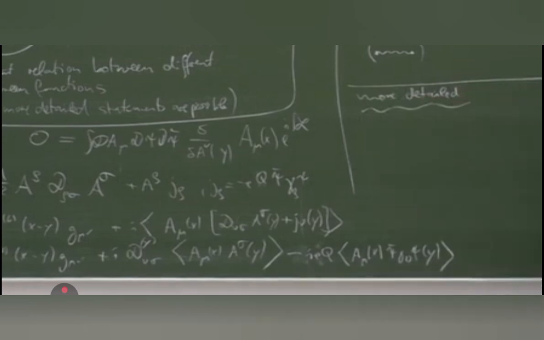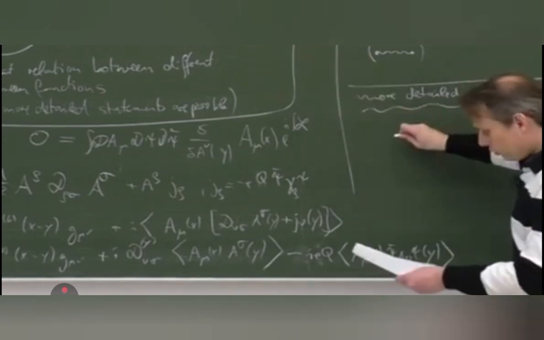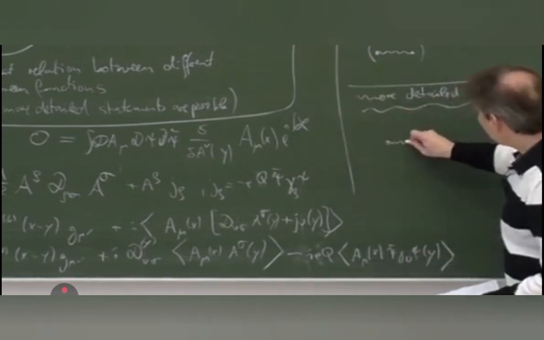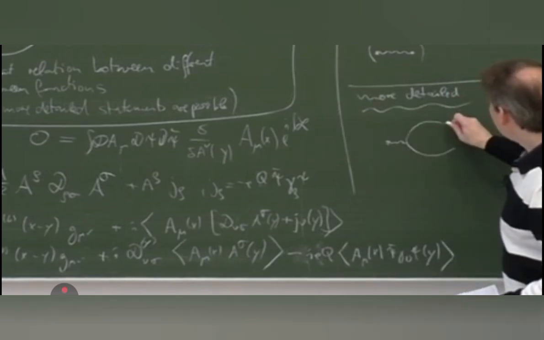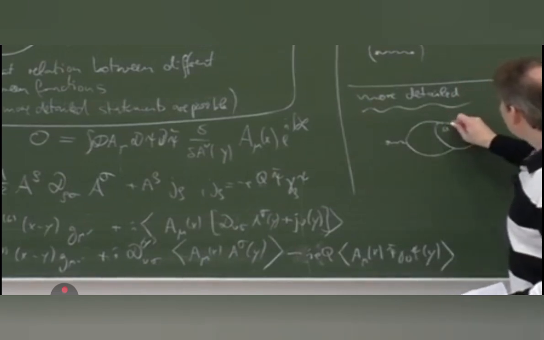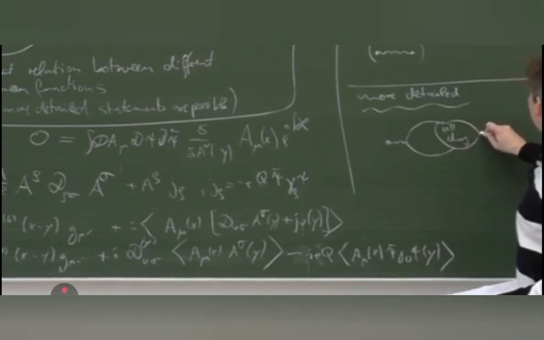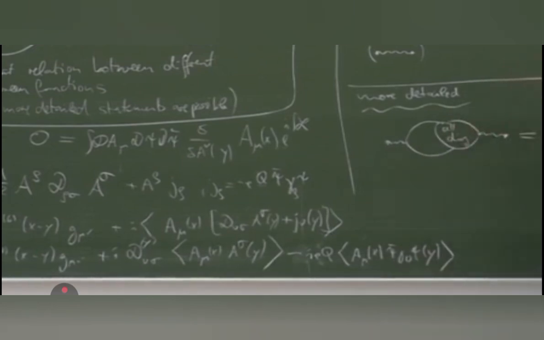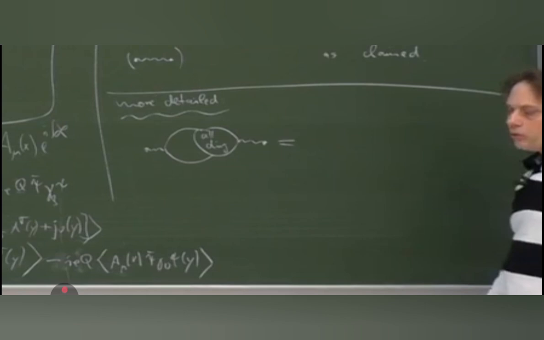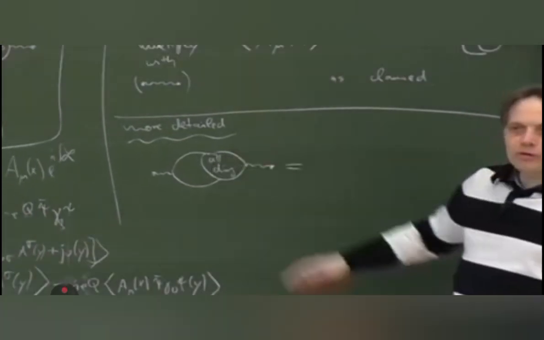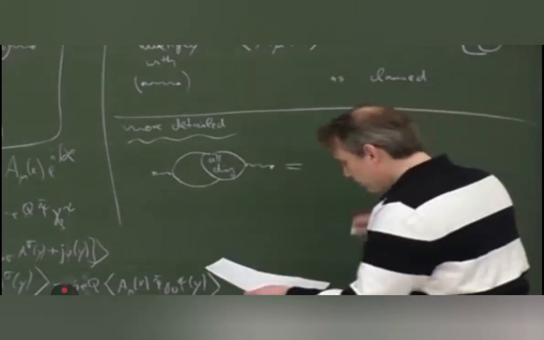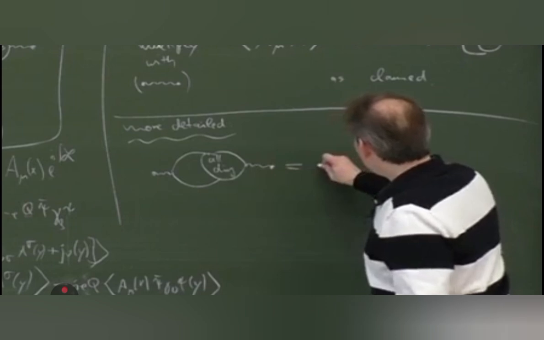For example, what you would like to do often is to have here a more detailed statement about this green function with all diagrams here. Because all diagrams can be distributed into one particle irreducible building blocks. So that would be equal to the following.